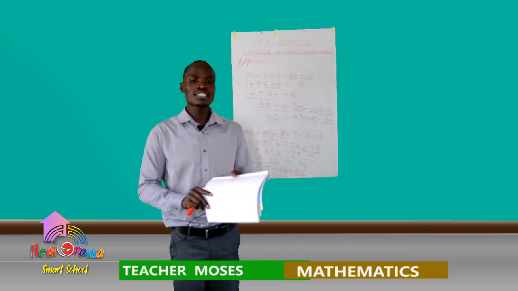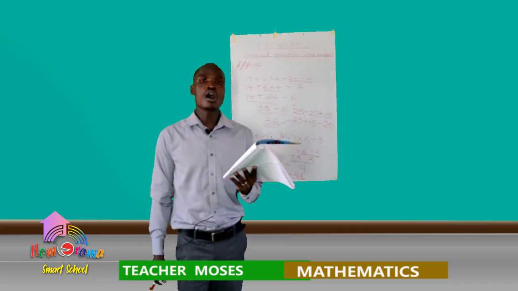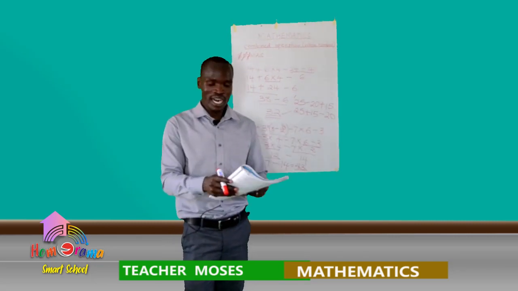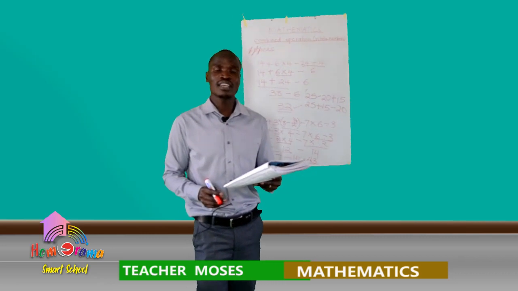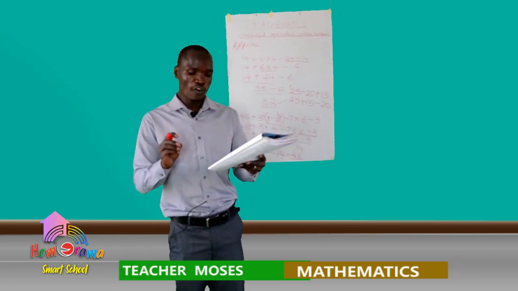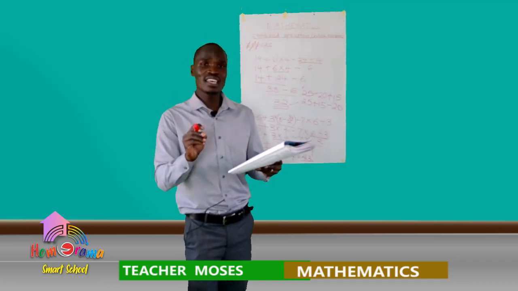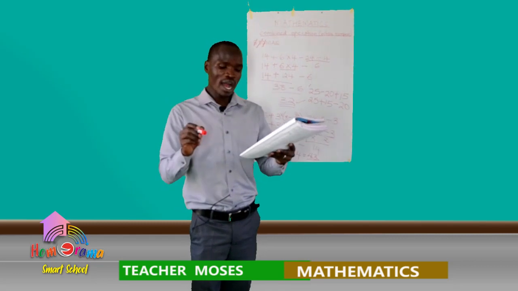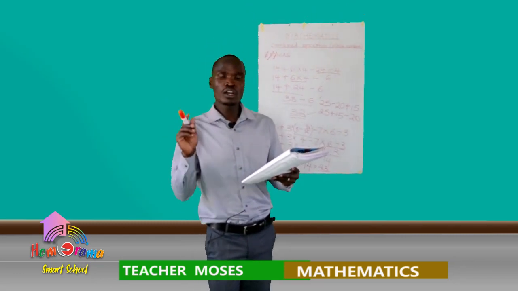Question number one is, what is the value of 816 divided by 4 plus 6 into bracket 12 minus 5, close the bracket.